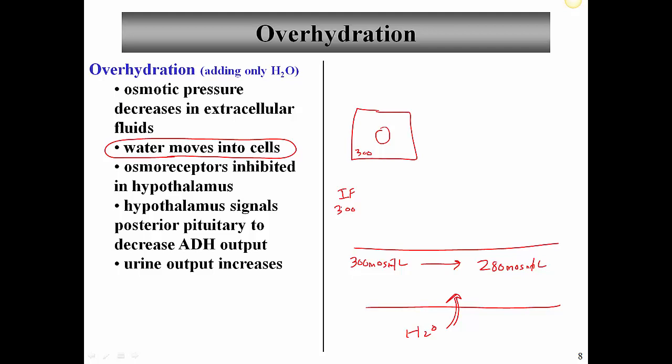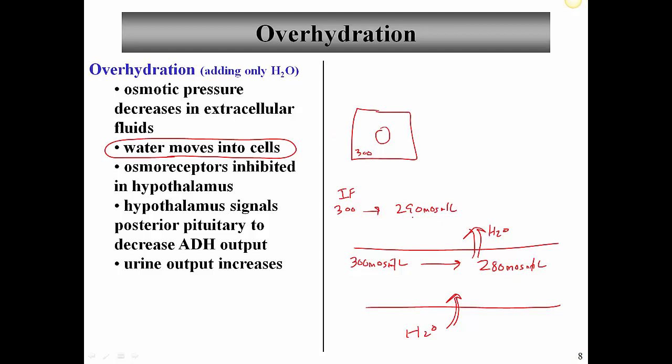Once again, we compare the osmolarity of the interstitial fluid to that in the plasma. You'll notice that now the plasma is hypotonic to the interstitial fluid, and that means that water is going to move this way. When water moves into the interstitial fluid, it's going to dilute it. Let's say this goes down to 290 milliosmoles per liter.